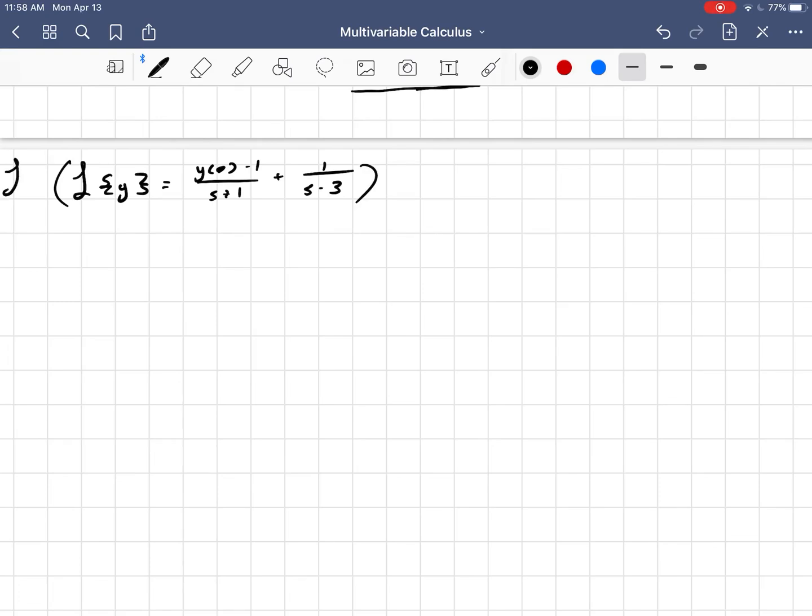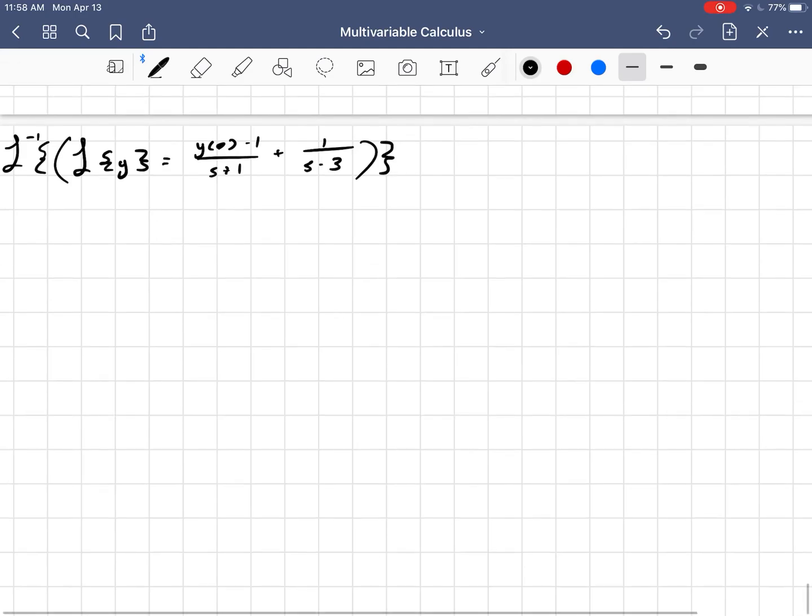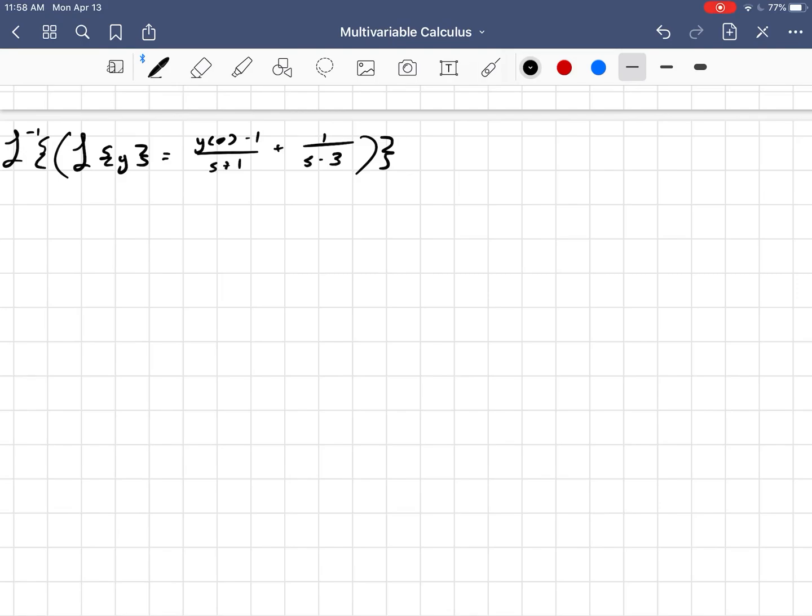So we basically ask ourselves, we take the Laplace inverse of all of this. So we take the Laplace inverse of all this. And so on the right side, we just get y.